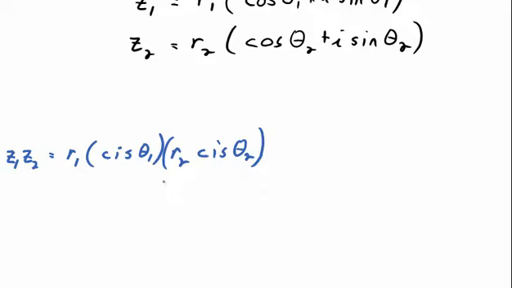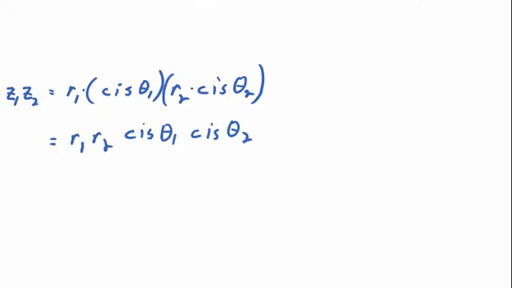Everybody agree with that? Now, can I rearrange the multiplication? Make it r1, r2, cis theta 1 times cis theta 2. Because between the r1 and the r2 and the cis thetas, that operation is multiplication, right? So all I did was change the order of the multiplication.